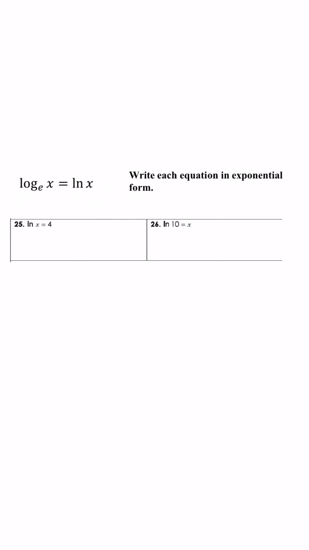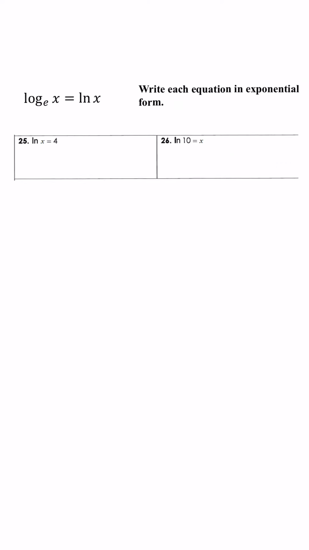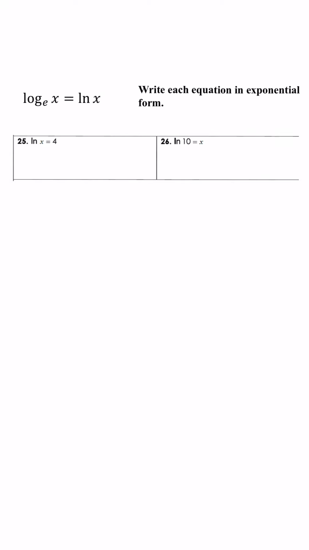So if we were to write this out, it says write each equation in exponential form. If I use the rule here, let me move it up so that I can write. It's kind of hard to write. So this would be the same thing as saying log base e of x equals 4.